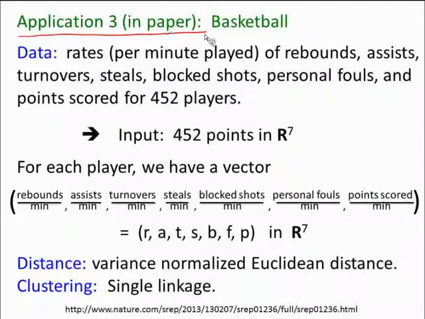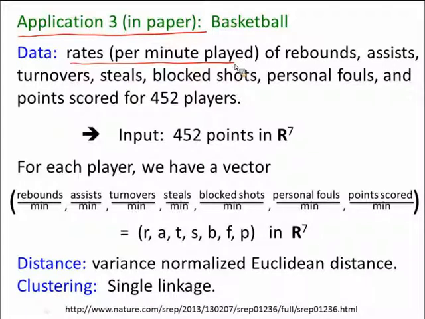Basically, I want to save the best application for last, and so we'll do the simpler applications first and talk about basketball. In basketball, you can actually get this data off the web, and you can get the rates per minute played. Some players might play for 20 minutes, some might play for 40 minutes during the game.